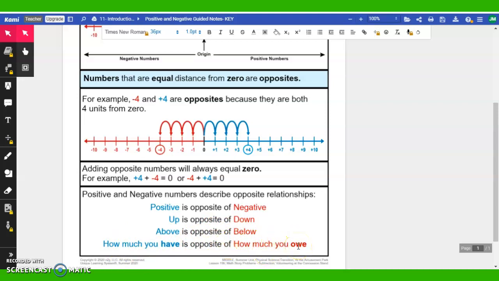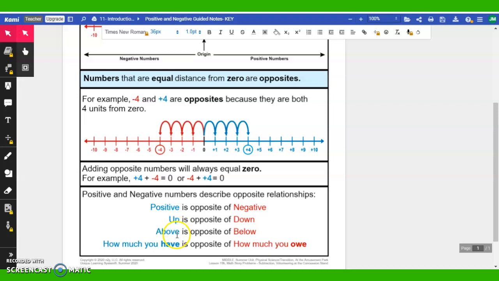If you have $4, that's a +4. If you owe somebody $4, that's a -4. These words are written in the color that they represent. The blue represents numbers that are positive, and the red represents numbers that are negative. So if you're going up, that's positive.